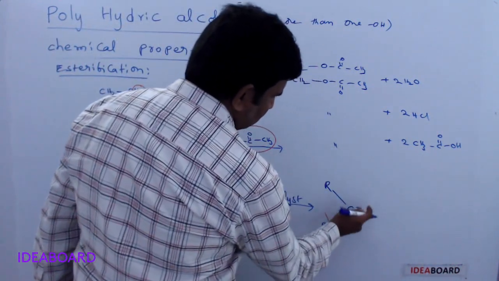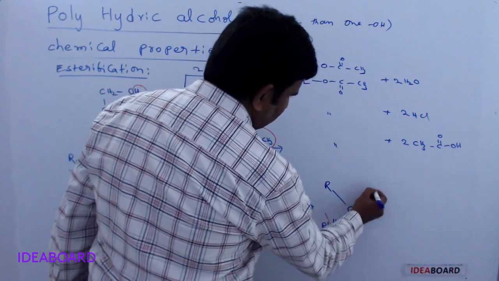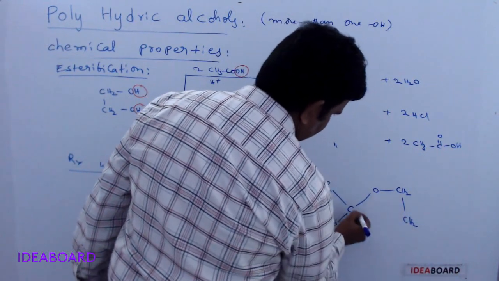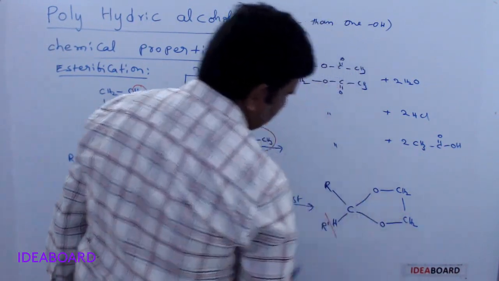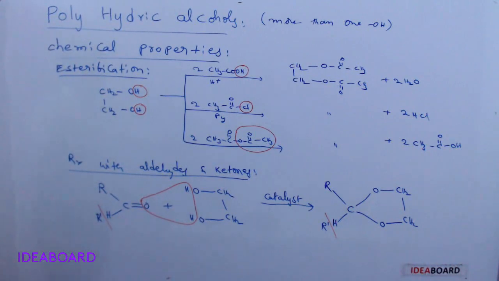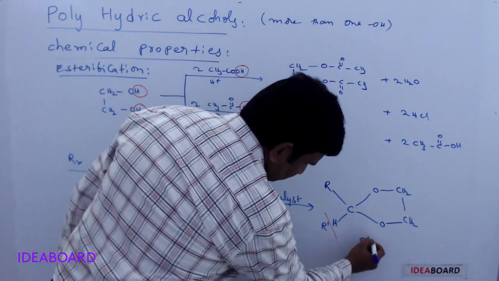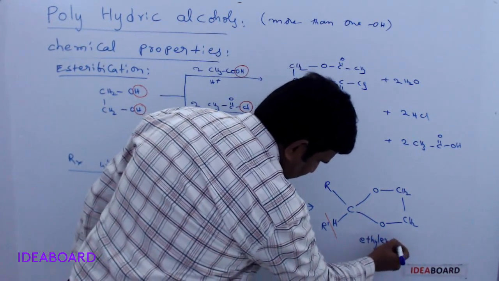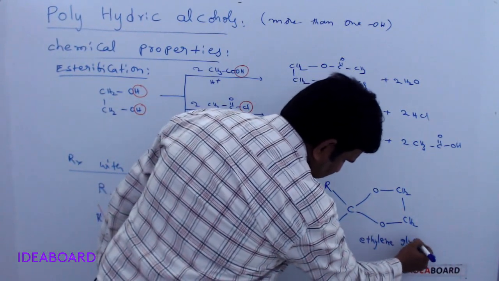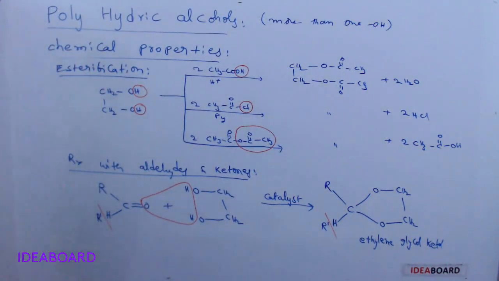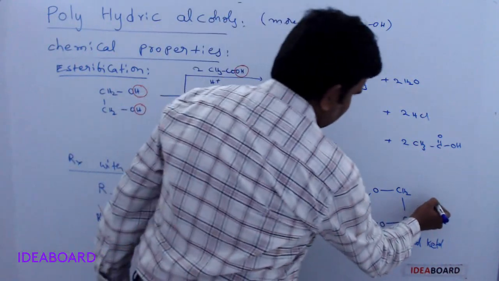Then we have a double bond making a bond with oxygen, and it is CH2 group and CH2 group and again another oxygen, and this is called ethylene glycol ketals. Ethylene glycol ketals are formed and an H2O molecule is eliminated.